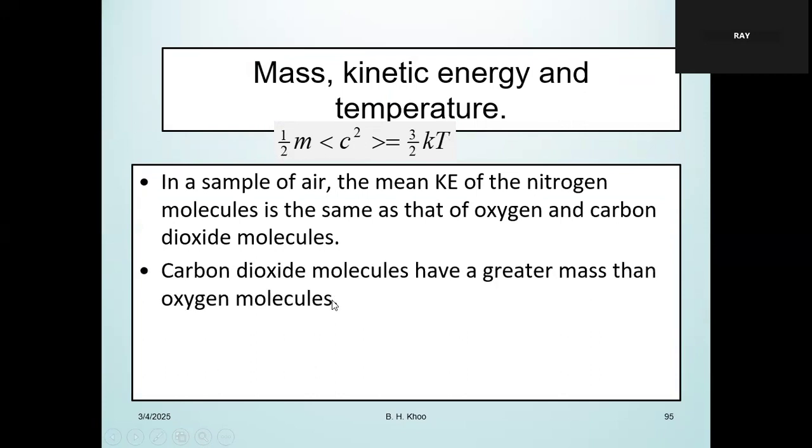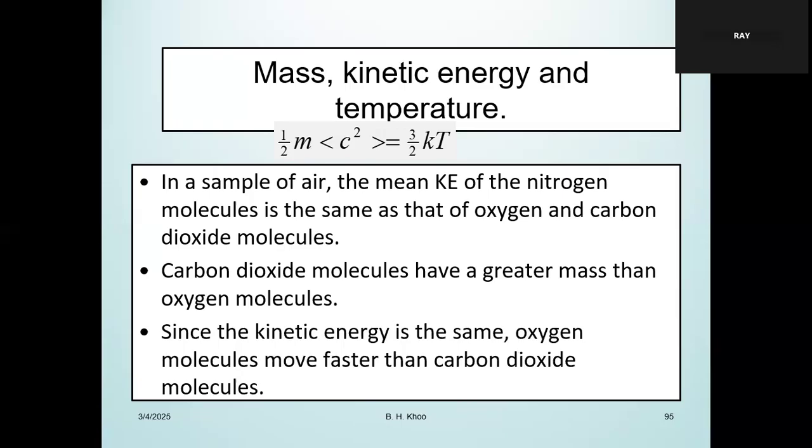Carbon dioxide molecules have a greater mass; carbon dioxide is heavier than an oxygen molecule. Since the kinetic energy is the same, oxygen molecules will move faster than carbon dioxide, right? Greater mass means the speed will be smaller if the temperature remains constant. That's what this means.